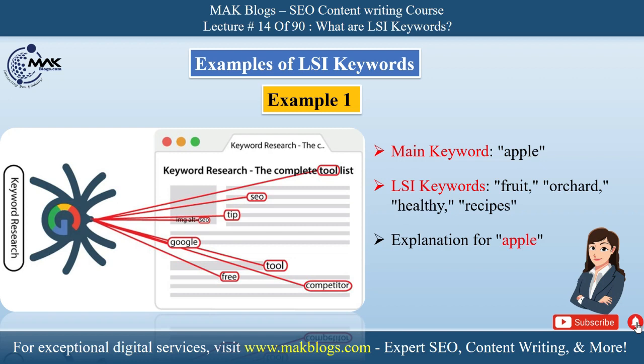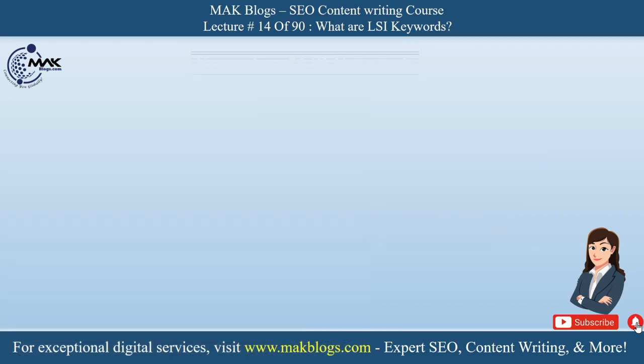Healthy might indicate that you are discussing the nutritional aspects, and recipes implies that you are talking about cooking or baking with apples. These LSI keywords provide context to your content, making it more relevant to various aspects of the topic. Understand?